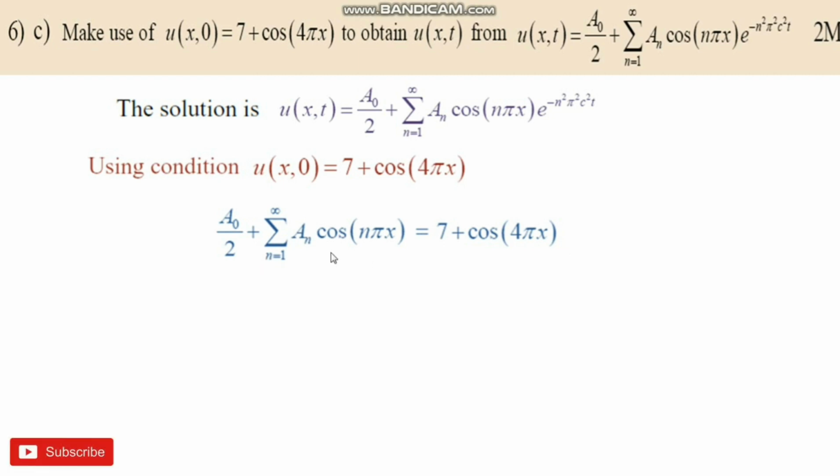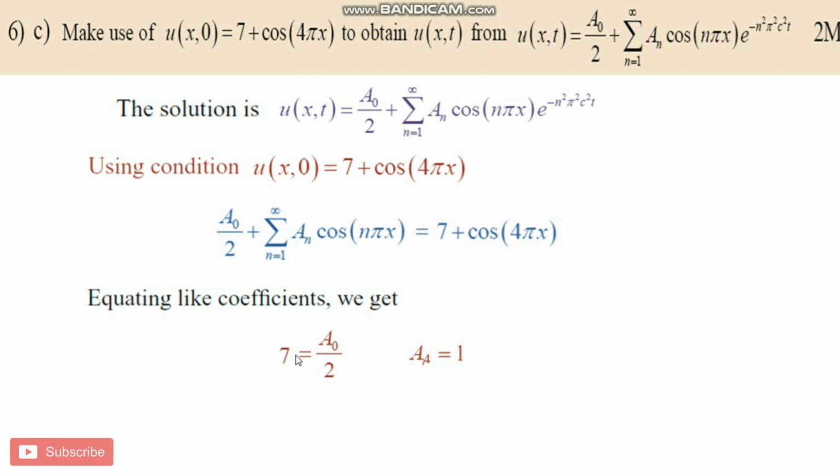Here we compare the coefficients a naught and also cosine 4 pi x. Equating like coefficients, we will get a naught by 2, that is only 7, and here we have cosine 4 pi x. We have only one non-zero coefficient from this series, that is a4.